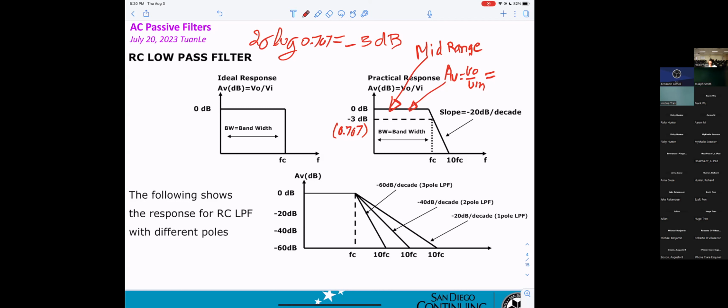That means if you want to know what number is really equivalent to minus 3 dB, you take the log of 0.707.